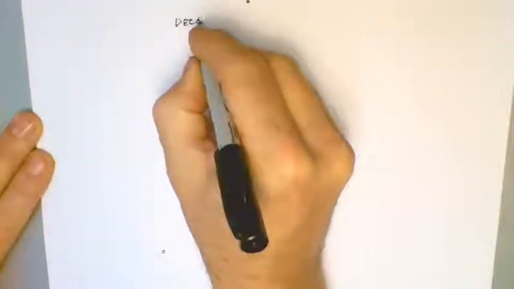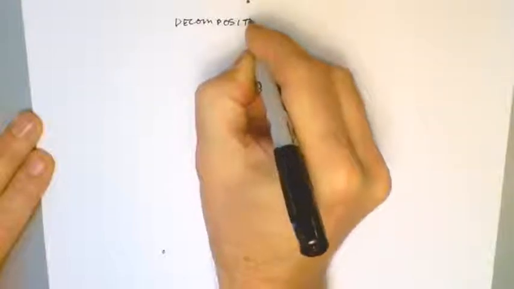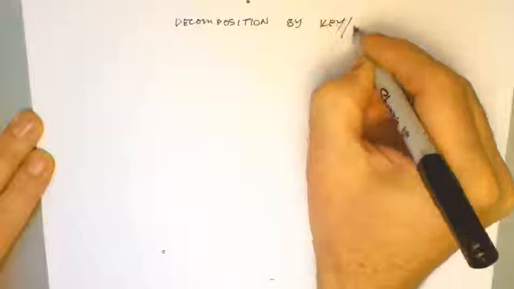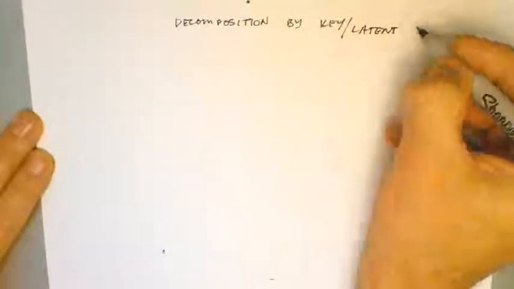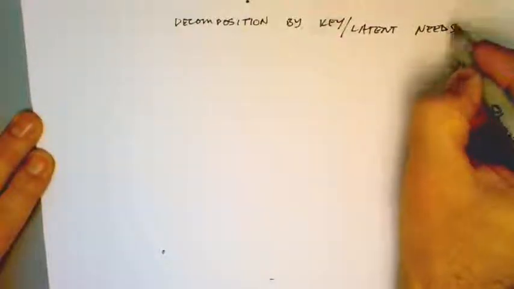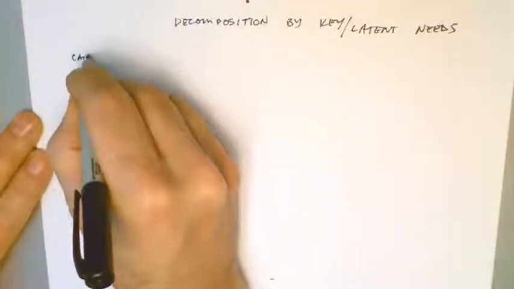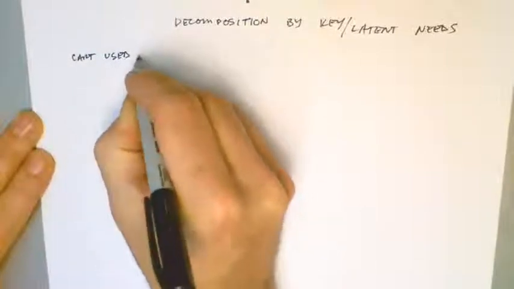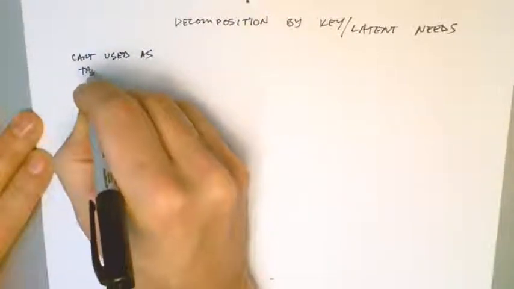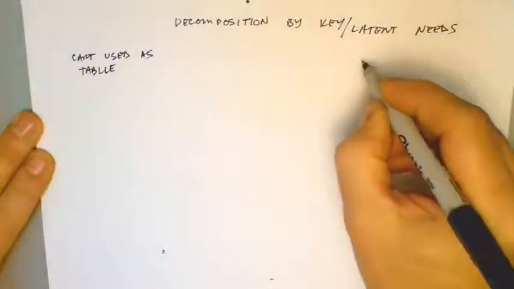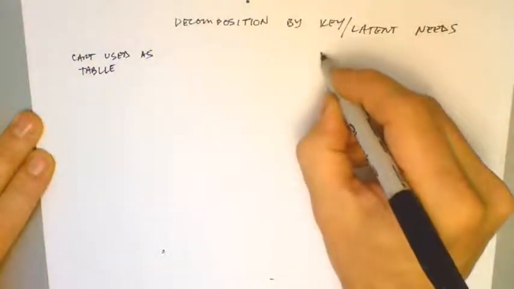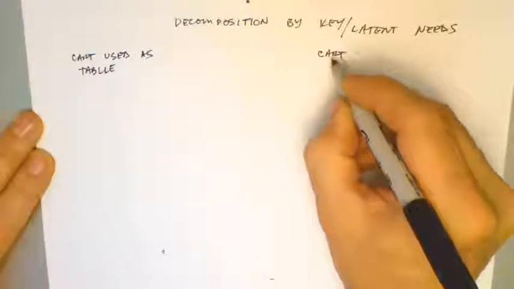So if we go to our cart example, we had several latent needs. Let me just take 2 as an example. One was that the cart could be used as a tabletop or as a table. And the other was that the cart navigated curbs.